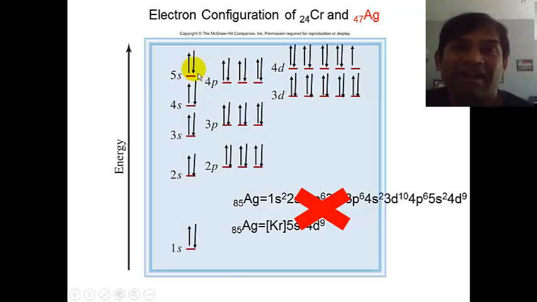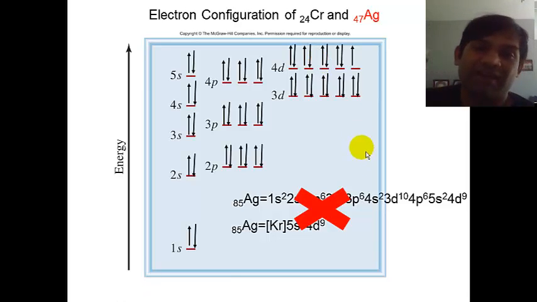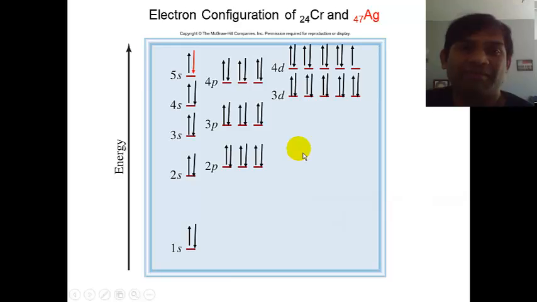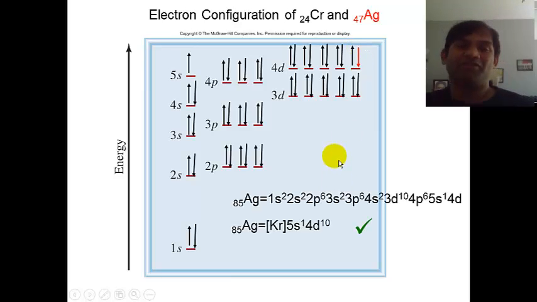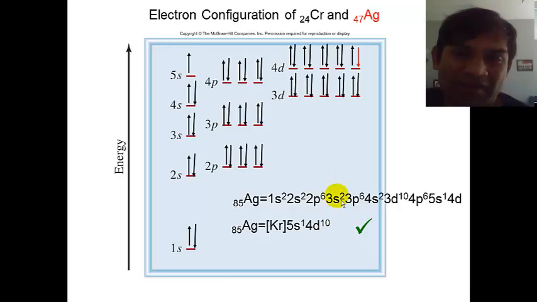That electron is going to promote itself, much happier with all the 4d's completely filled. So looking at it in this way, this electron gets promoted and it goes down here. So this is our new electron configuration for silver, 5s1, 4d10.